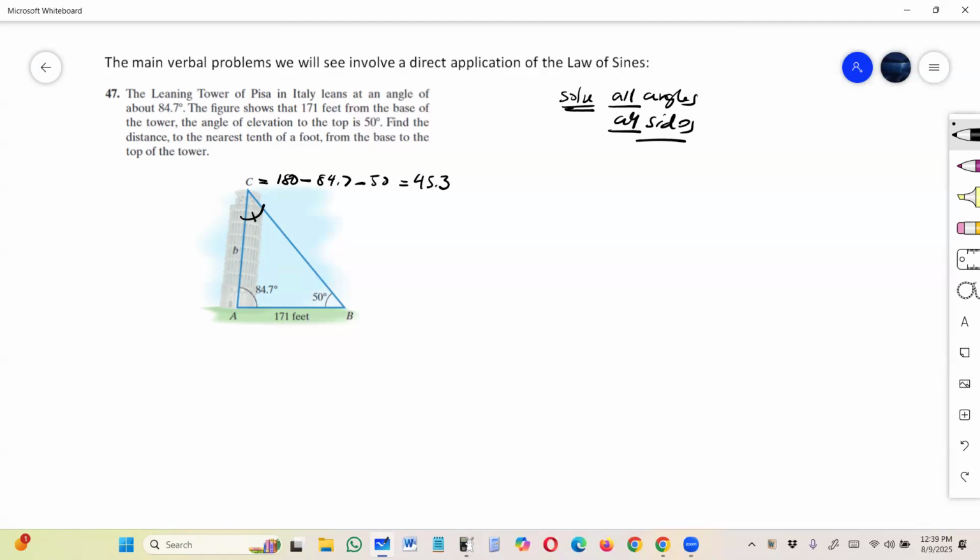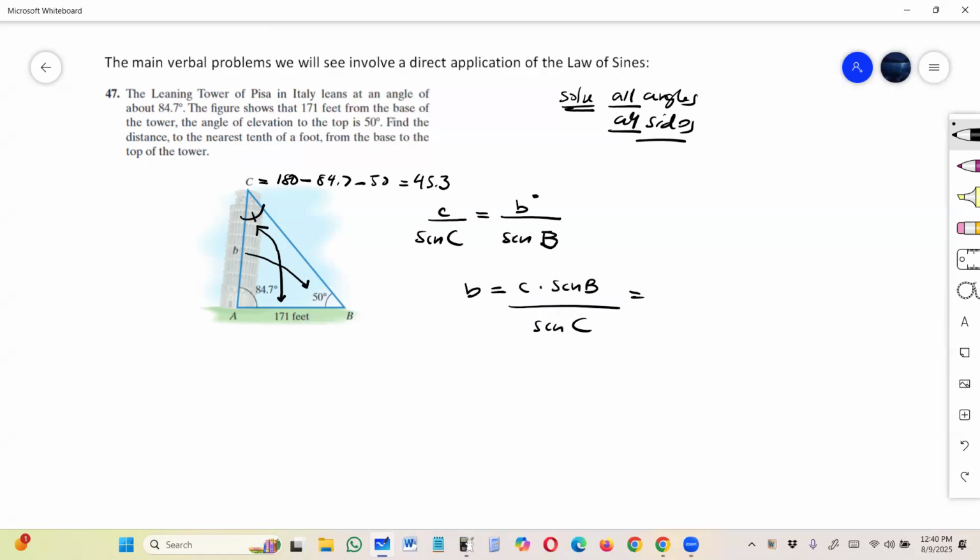So here is one complete ratio, C over sine C. And here is the B that I want, it's opposite to 50, so B over sine B. I am solving for B, so I'm cross multiplying everything by sine B. So this is going to be B equals C times sine B over sine C. And now what is the value of C? 171.